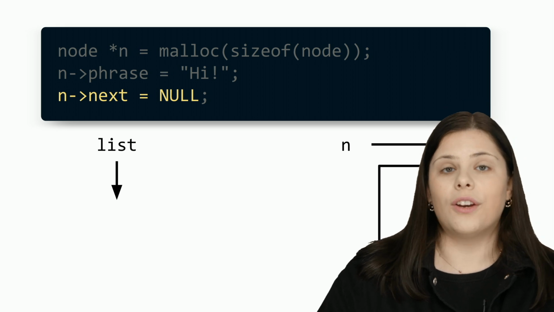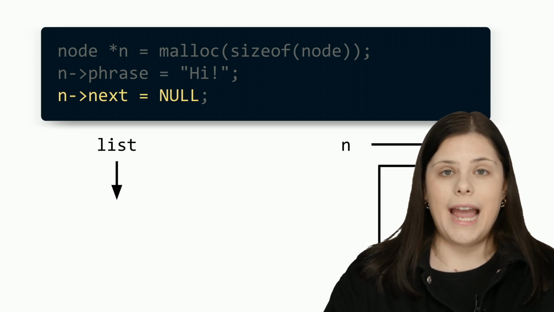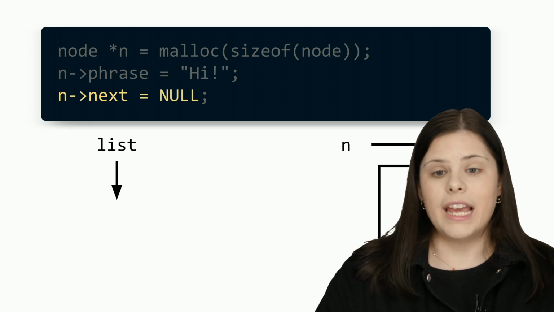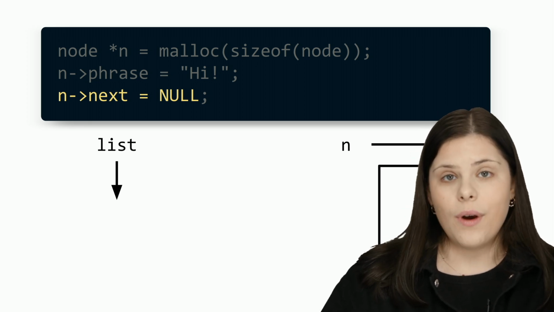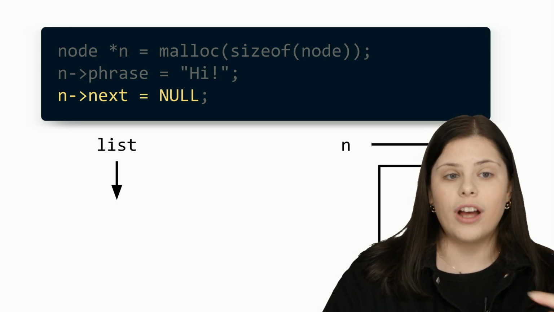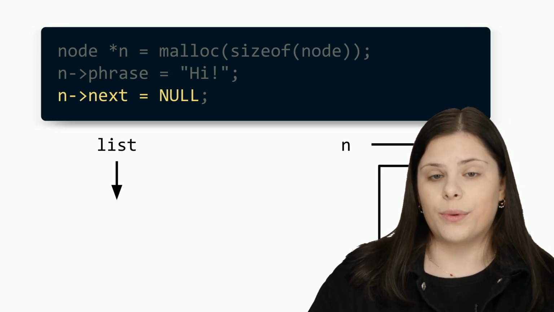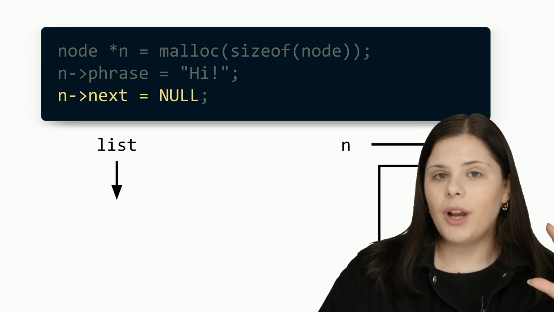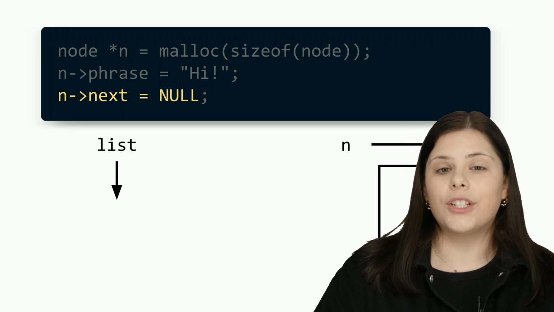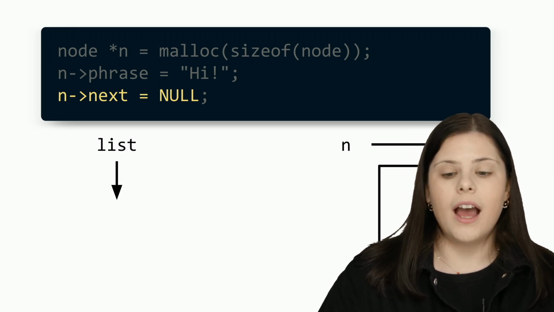Recall that in week 3, when we wanted to access the attributes of a specific struct, we used dot. In this case, we're using an arrow because it is a pointer to the next node, not just an attribute or a variable that we're trying to access. Same concept, we're still accessing the attributes inside of our struct, but because they're pointers, we want to make sure we're using an arrow.